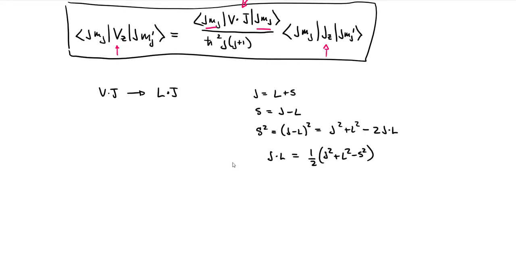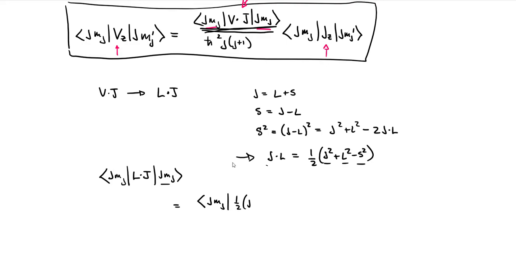So we can use this identity and plug it into the matrix element up there. We get the ⟨j m_j| L·J |j m_j⟩ term, and because these are eigenvectors for every one of these operators, this term ends up just being ⟨j m_j| 1/2 (J squared plus L squared minus S squared) |j m_j⟩.